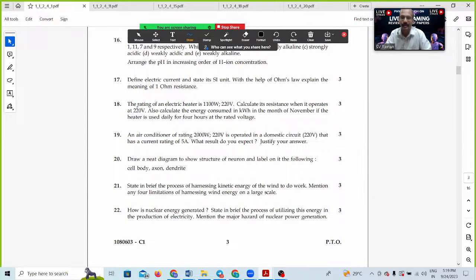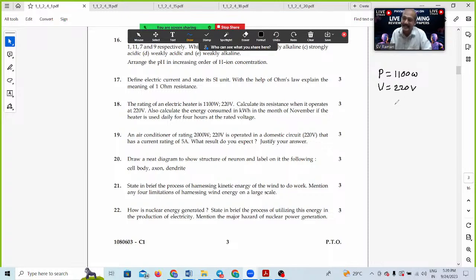Next. The rating of an electric heater is 1100 watt and 220 volts. Calculate its resistance when it operates at 220 volts. Also, calculate the energy consumed in kilowatt hour in the month of November if the heater is used daily for 4 hours at the rated voltage. Now this is for 3 marks in numerical. The rating of electric heater, power P is equal to 1100 watt and voltage they have given 220 volts.